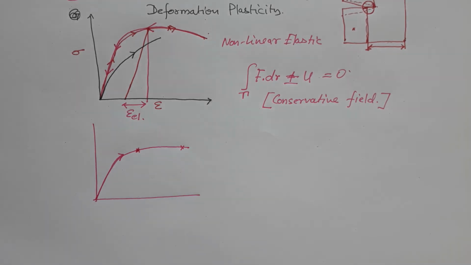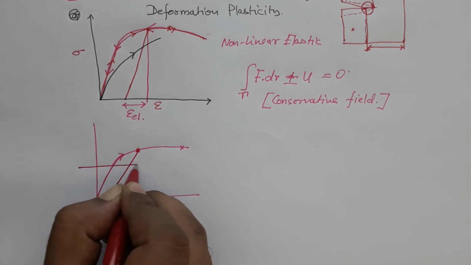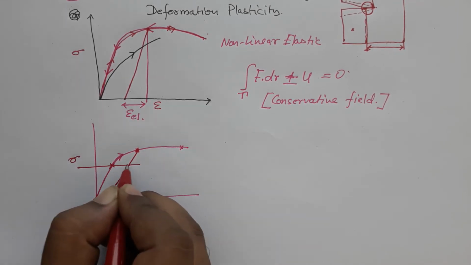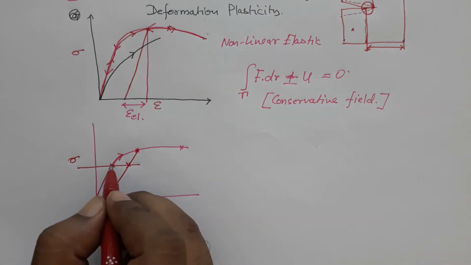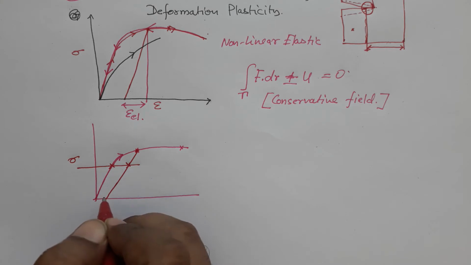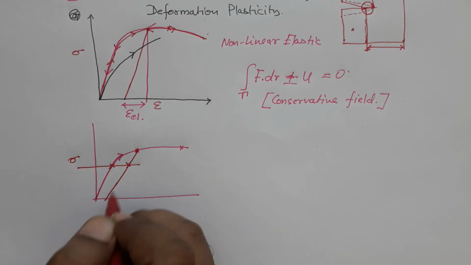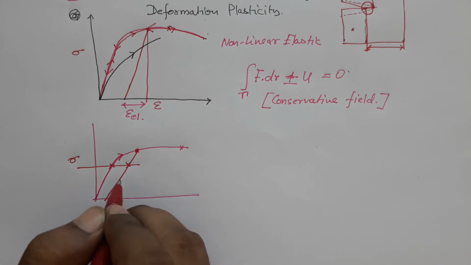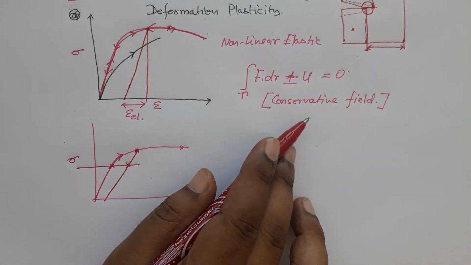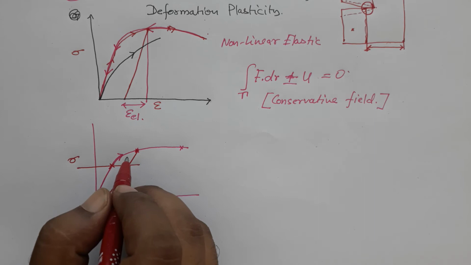But in a plastic deformation, if I unload it, it will not take the same path. So at the same stress, you can have two different strain values depending upon if you are loading or unloading. So it is path dependent, the plastic deformation. Elastic deformation is not, but plastic deformation is path dependent. So this is not a conservative field, and that's why it is not valid to apply J integral.